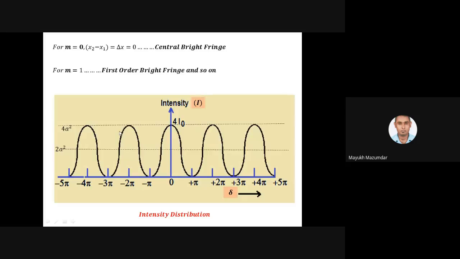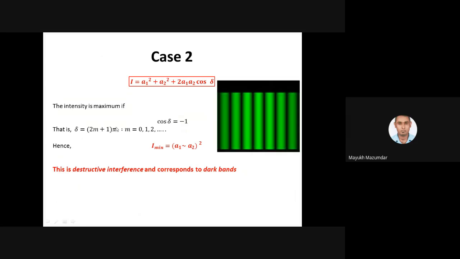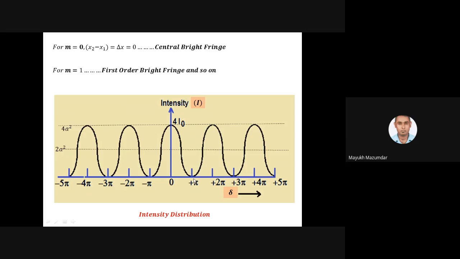Cos theta and cos minus theta are the same. So at those points you would get peaks, that is maximum intensity. At odd multiples of pi, 3 pi, 5 pi, we would be getting minimum intensity.